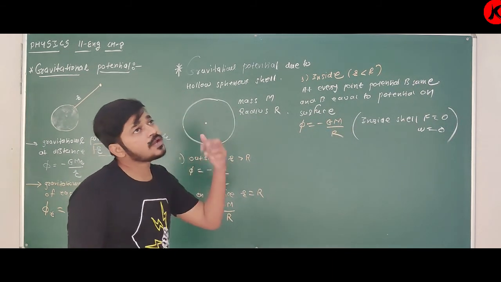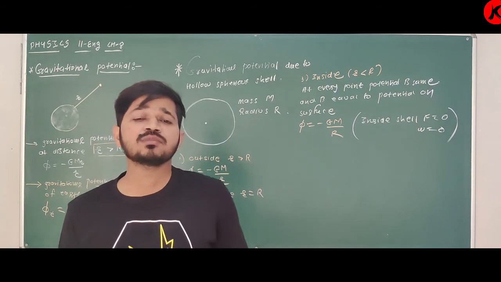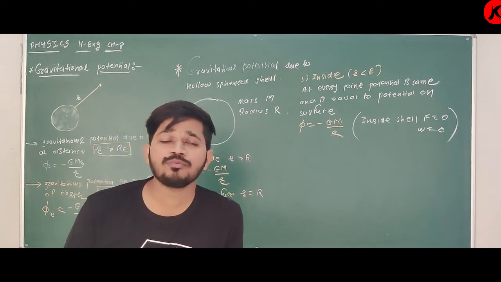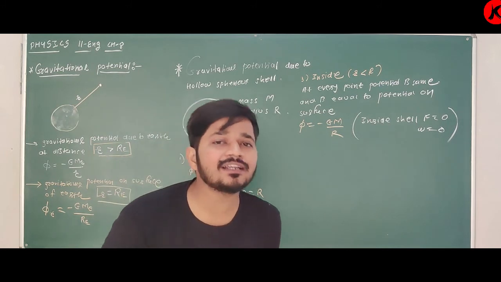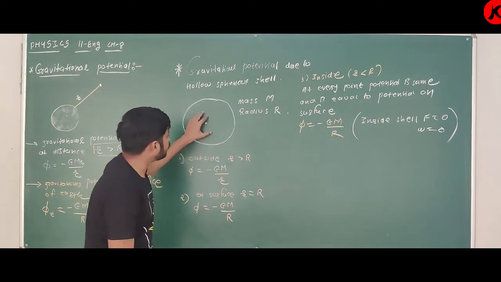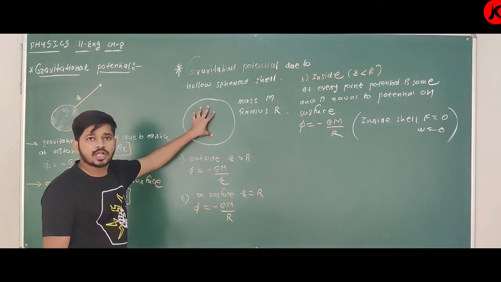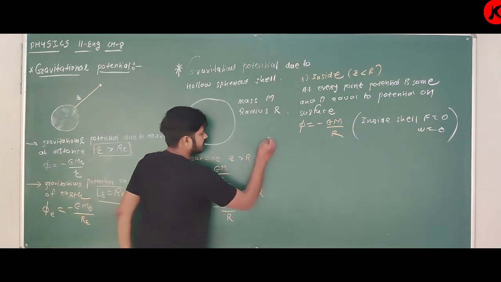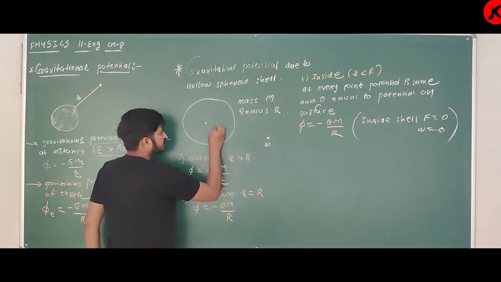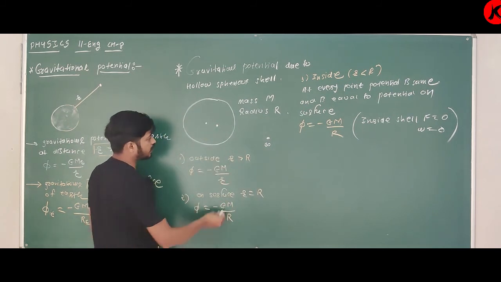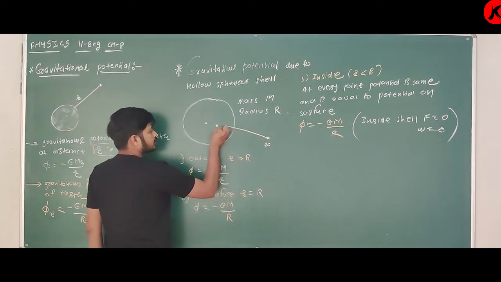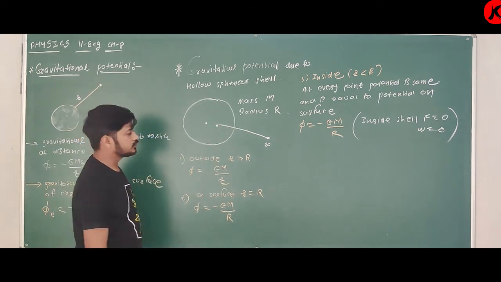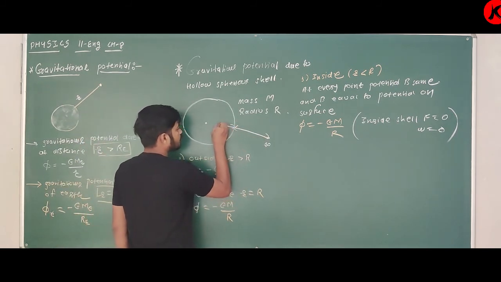See, what is gravitational potential? It is nothing but work to bring unit mass from infinite distance to a given point. But if inside the shell force is 0, it means no work done. If I want to bring mass from infinite distance to a point inside, this total work I can divide into two parts.